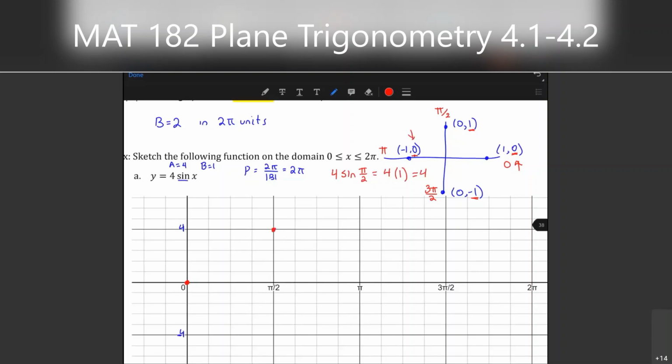We'd be back down at 0 by pi units. And then we'd be down at -1, or in this case -4, because our amplitude has changed, at 3 pi over 2. Then we'd come back to 0 when we hit 2 pi. These are the points that we would consider when we graph our sine function, if there's no shifting left to right here.